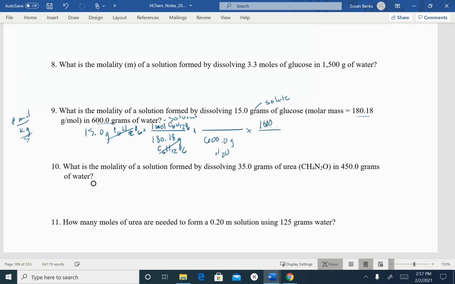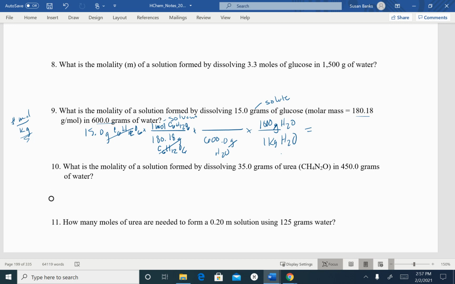So I have 1,000 grams of water in 1 kilogram of water. So my grams cancel out, and I'm left with kilograms. So I have moles per kilogram. So we're going to take 15, divide it by 180.18, and then divide by 600, and then multiply by 1,000.